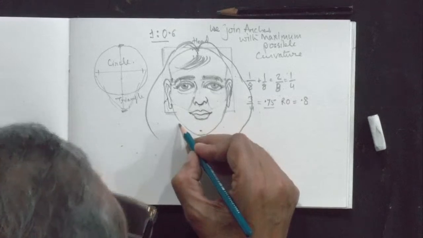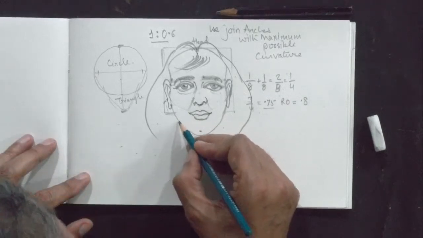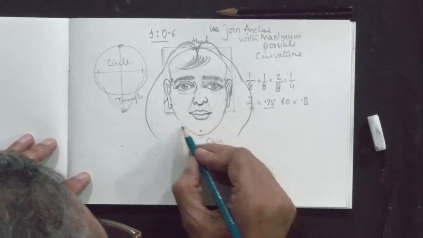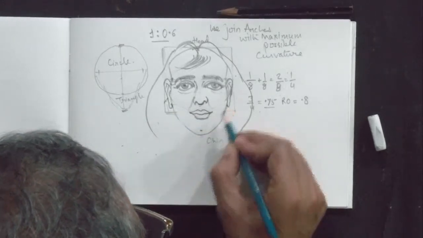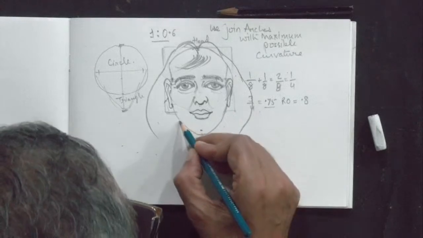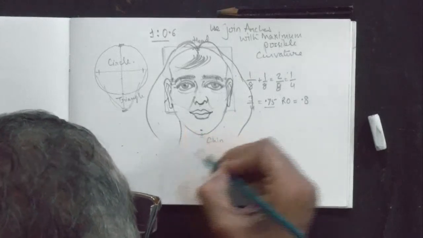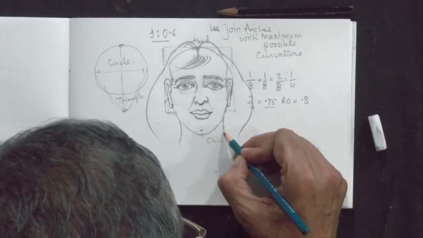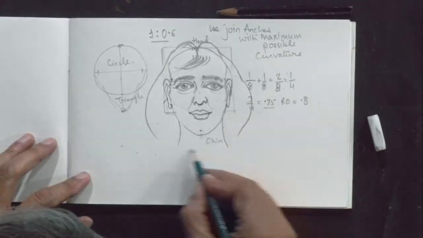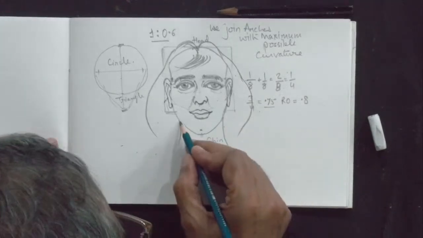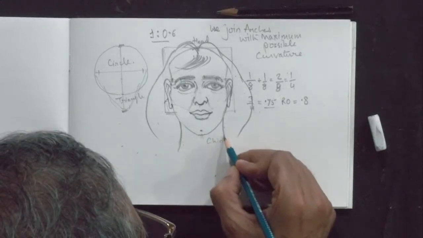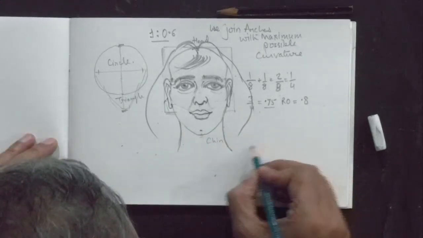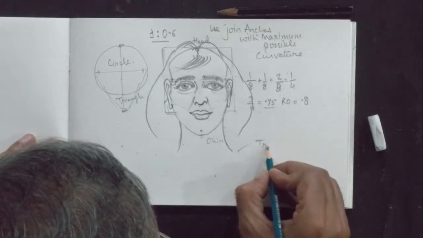As far as the neck is concerned, take the neck between the bottom of the external pinna and the chin. That is here. Remember, for a girl, the neck would be thinner and longer because of weak trapezius muscle.